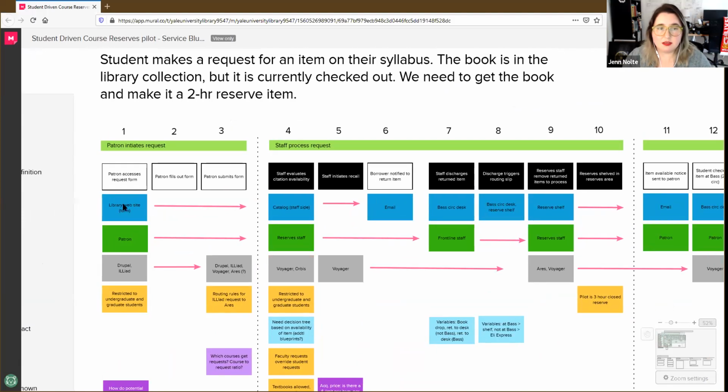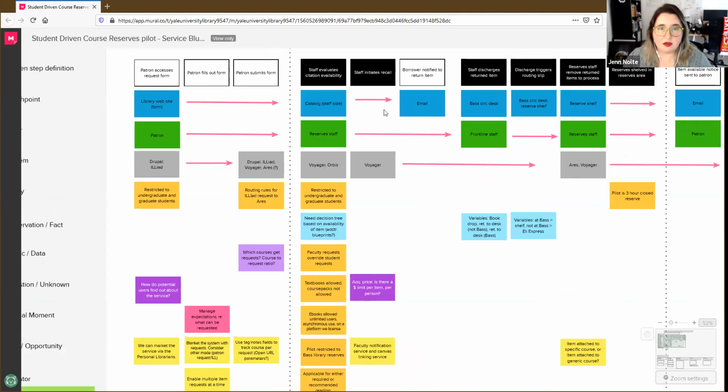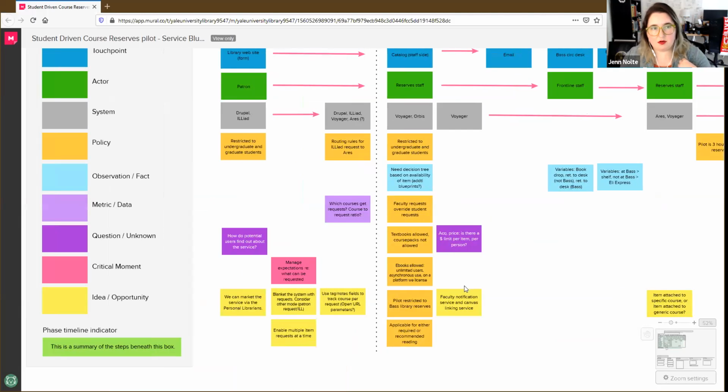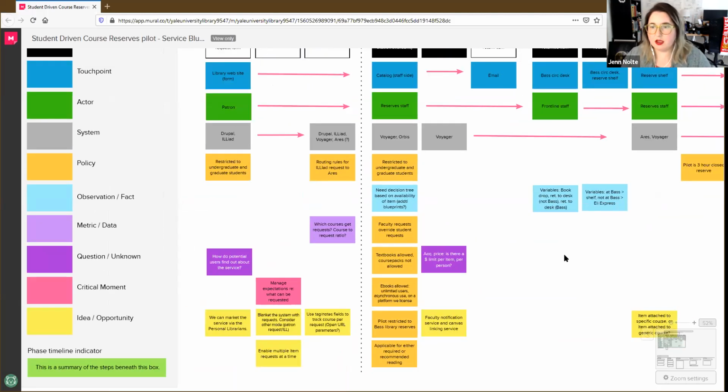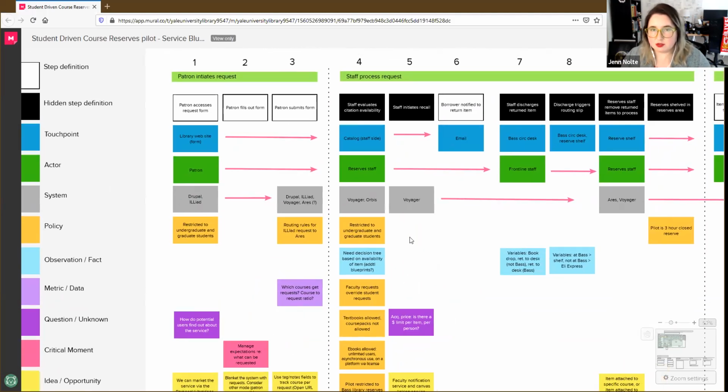I've heard these sections kind of described as swim lanes, and that's not entirely a useful way to talk about it, because even though up top here you can see, oh yes, this person is swimming in swim lane A and this is swim lane B, when you get down to some of the other parts of this blueprint, like policy, for instance, you all will be shocked, I'm sure, to learn that there's a lot of policies involved in providing services in a library.